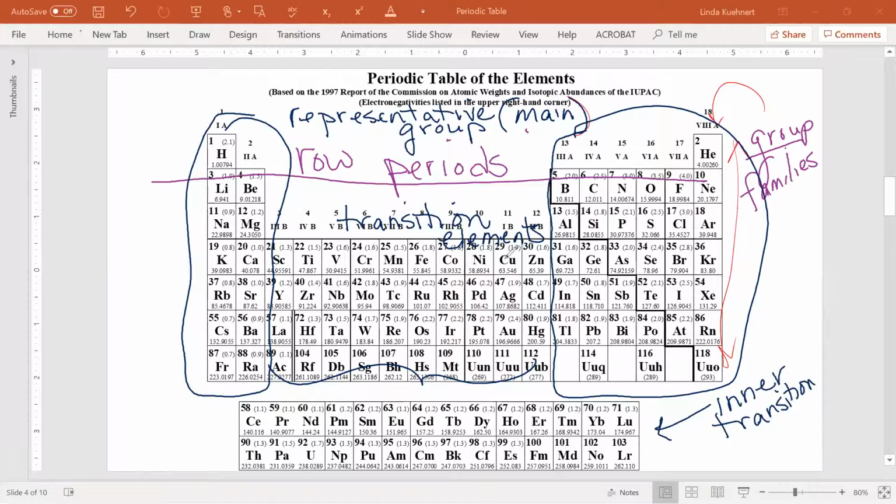The transition elements in the middle from iron on used to be called heavy metals. So elements from iron on, we now call transition elements.